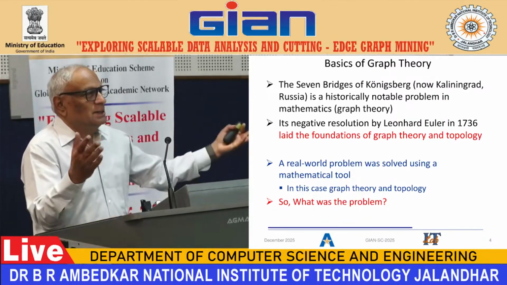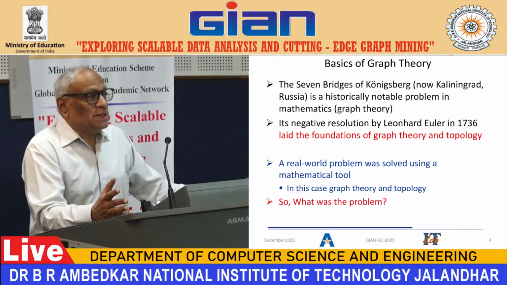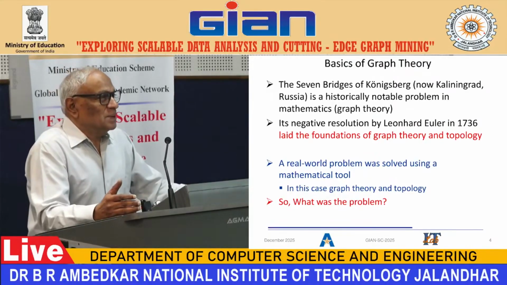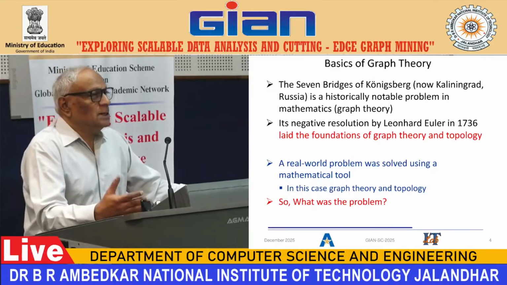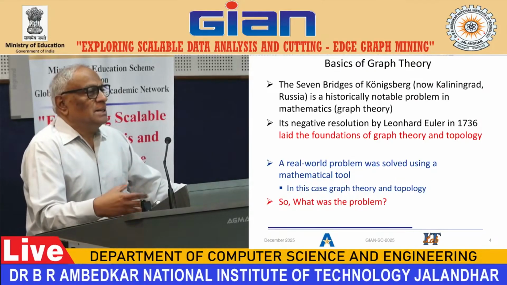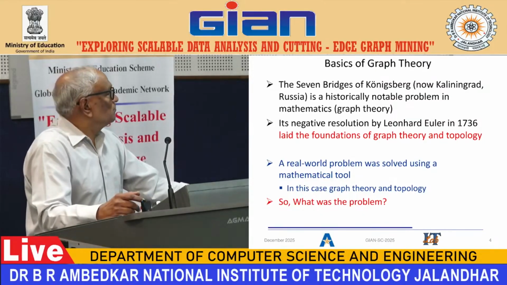You can see that it's more than 250 years ago. So graph theory has been around for a long time, and we are not reinventing graph theory at all. We are just trying to make it computationally effective and develop algorithms for it, but there has been a lot of work, a lot of theories, a lot of properties.